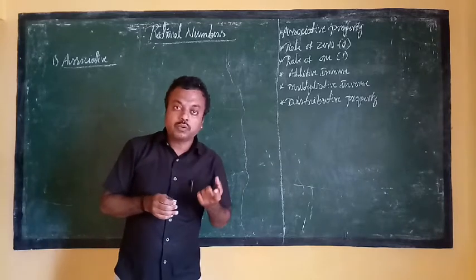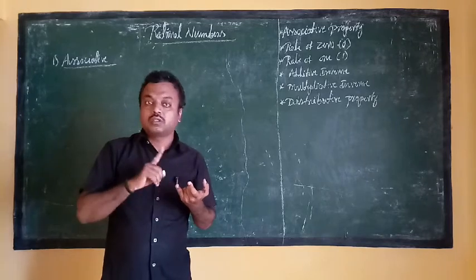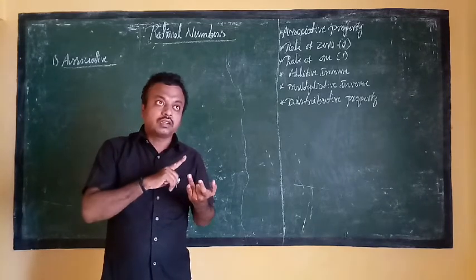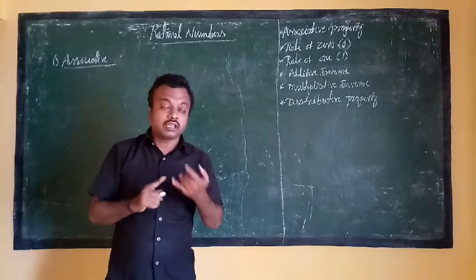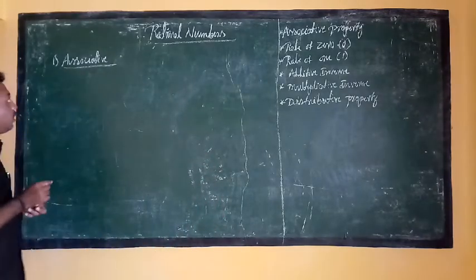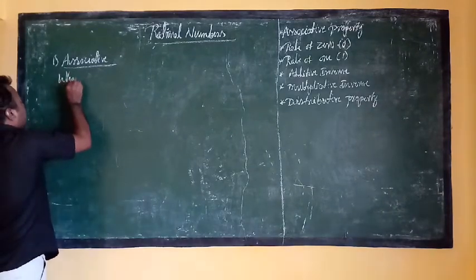So the commutative property of rational numbers is satisfied under addition and also multiplication, but it does not hold under subtraction and division. Got it? For the associative property, first I will discuss whole numbers.